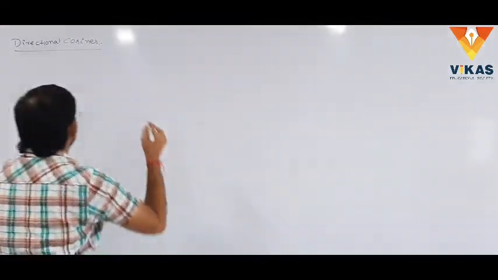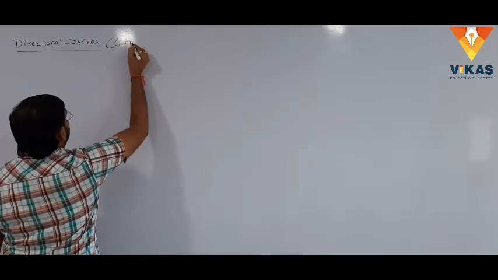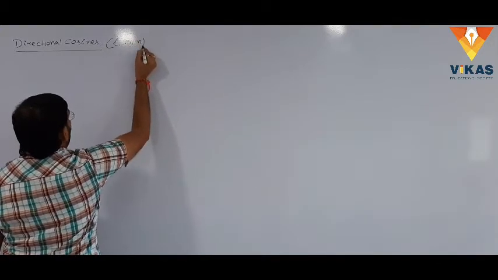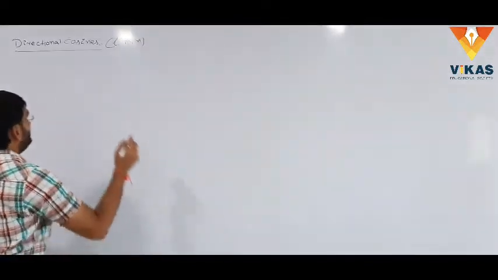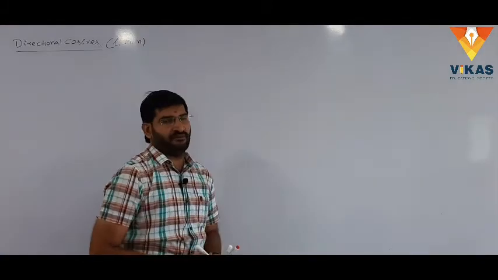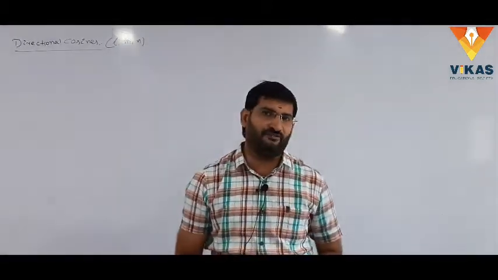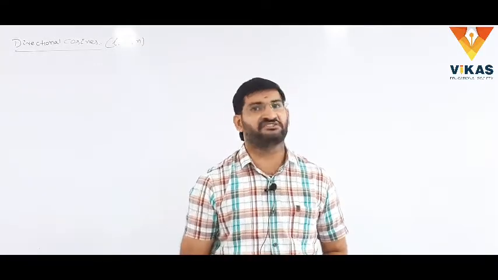Generally, small l, small m, small n are the directional cosines. Here we calculate the value of l, m and n. Find the value of l square plus m square plus n square in a three-dimensional manner with a neat three-dimensional diagram.